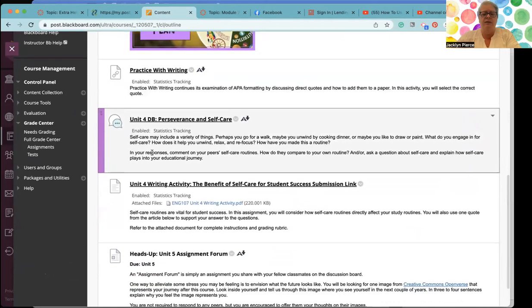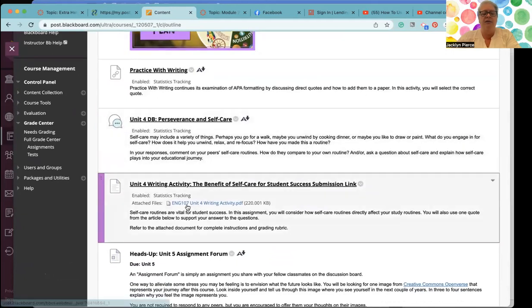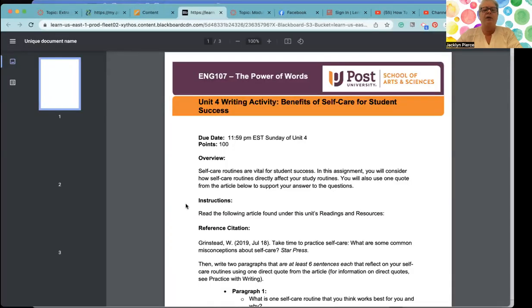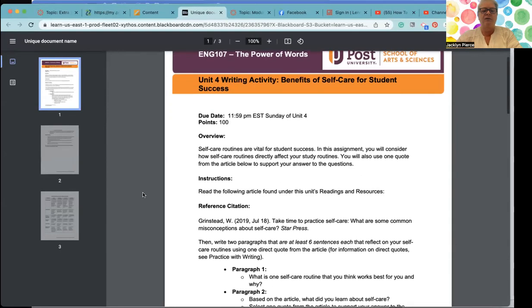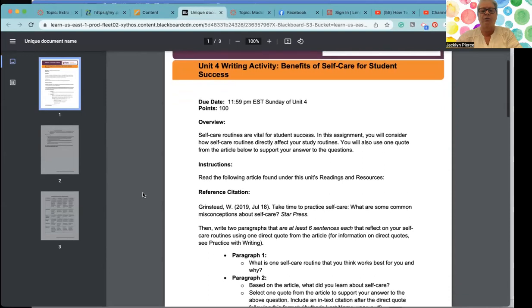All of the writing assignments at Post have a very important file that you need to take a look at. And I always point this out in my weekly walkthrough videos, but I think a lot of people skip over this. This link opens up a full assignment sheet. Now, some of them are longer than others. This one's only 3 pages, even with the rubric.